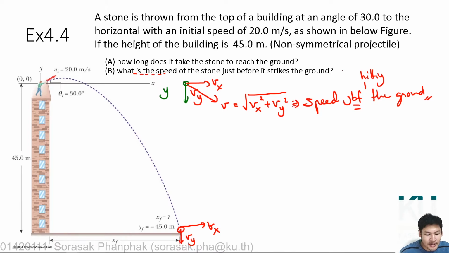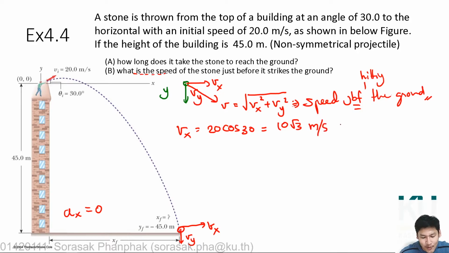You would like to determine this term. So do you know the Vx? Yes, Vx we already know. It's constant, right? Because there is no acceleration along the x-axis. So your Vx is equal to 20 cos 30 degrees, which we found already, right? It's 10 root 3 in meters per second.